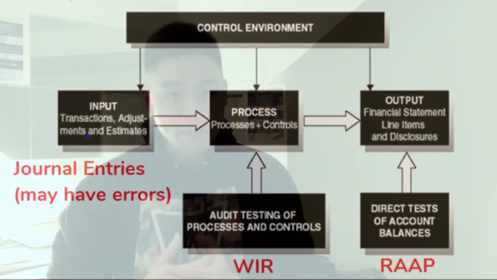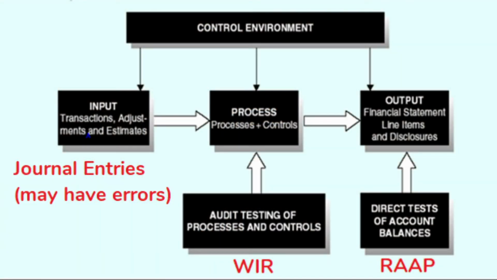Let's move on to our second tip, which is controls and WER. What are controls? Controls are processes to reduce the risk of misstatement in our outputs. Here's an illustration to show high level where controls fit into the big picture. Our inputs are, for example, journal entries prepared by the human that may have errors.